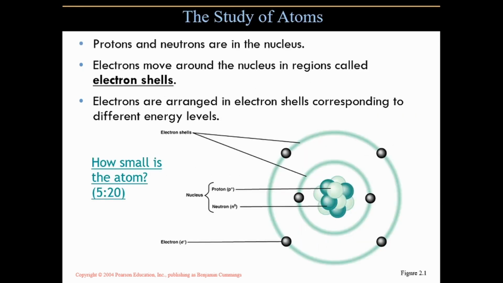Like I said, protons and neutrons are found in the nucleus, and then we have these electron shells. It's more like a cloud, but the shells are used to give some type of meaning, order, and structure to the atom that is understandable for us.